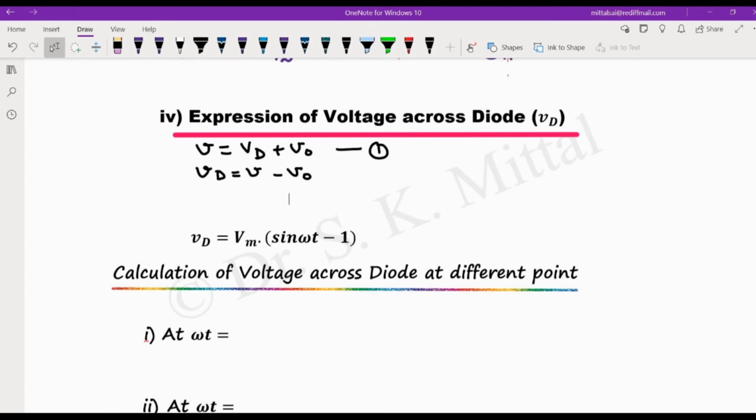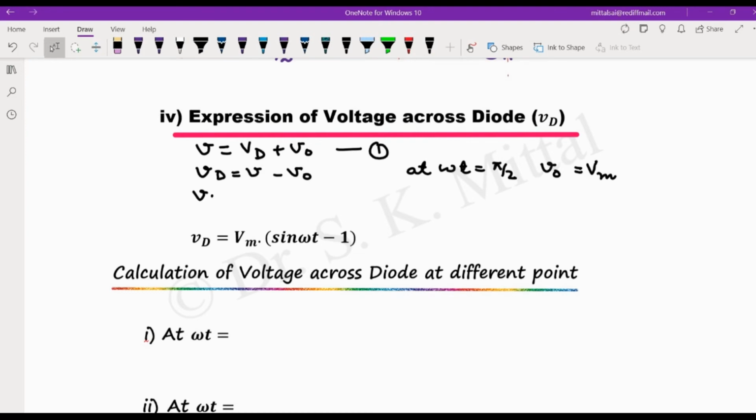You can see from the output voltage waveform that at omega t is equal to pi by 2, output voltage is equal to Vm.